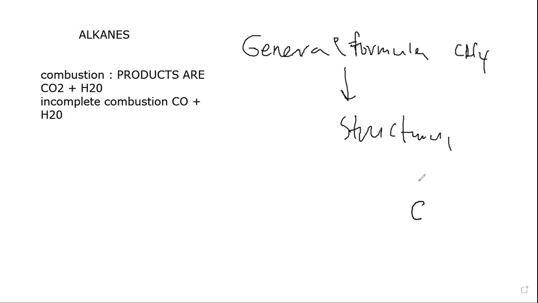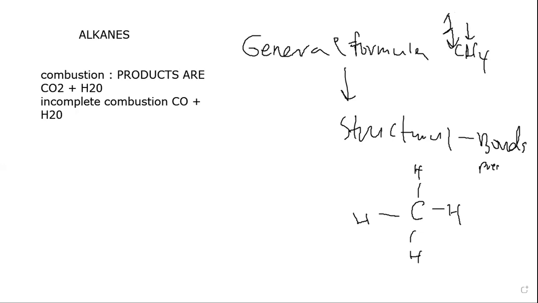For structural, you put a C there, and then 4 H's. This would be the structural formula. Structural formula shows the bonds present in the molecule, and general formula shows all of the atoms that belong to each element. So carbon has 1 atom. Hydrogen has 4 atoms.